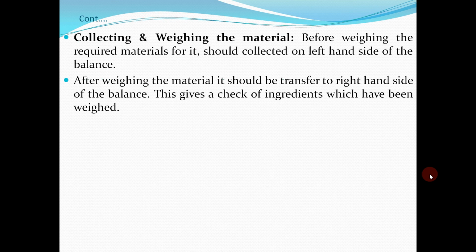The next part of handling of prescription is collecting and weighing the material. This part is before the compounding of the material. Before weighing, the required material should be collected on the left hand side of the balance. After weighing, the material should be transferred to the right hand side of the balance. Why? Because this gives the correct checking of the weighing of the ingredient.